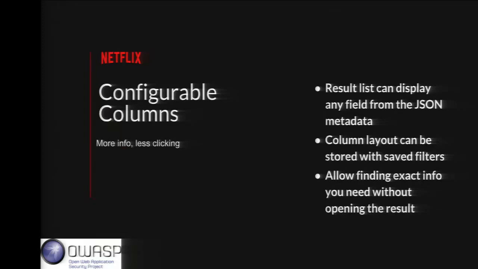Sketchy will go out and take screenshots and also retrieve the status code that the endpoint is returning. So maybe you want to really quickly see which of your endpoints are returning 200s and which are returning 400s. You can really easily add a column that has that status code field from the metadata on that result list page.